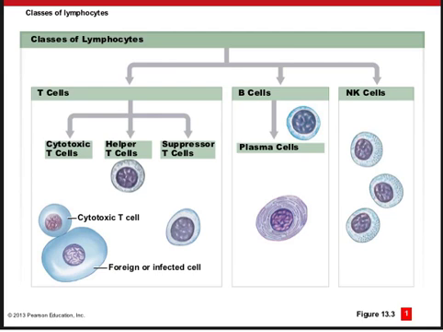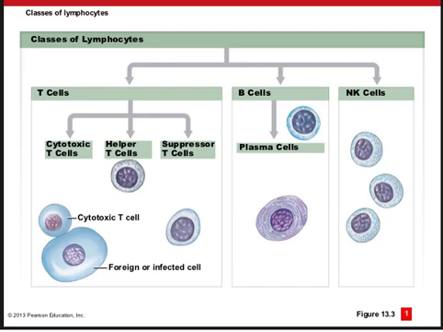With suppressor T cells, they're involved in the sensitivity of the immune response. You could think of them as the off switch to the immune response. They also are important in suppressing what we would think of as an unwarranted immune response, such as an allergic reaction.